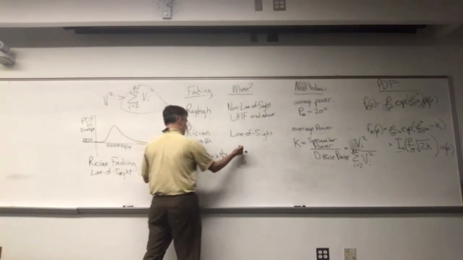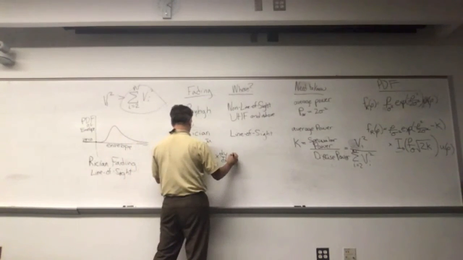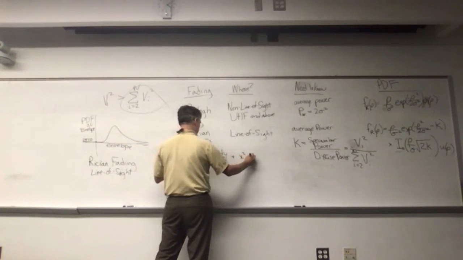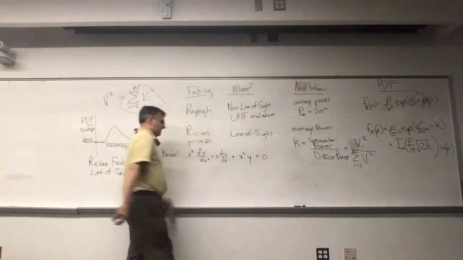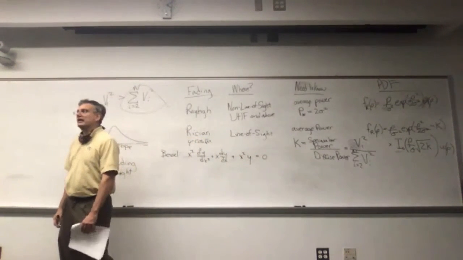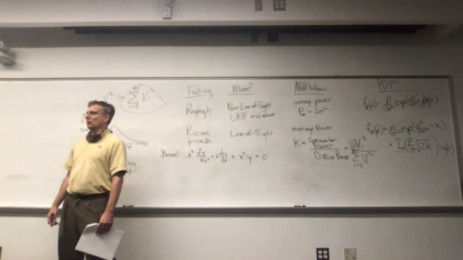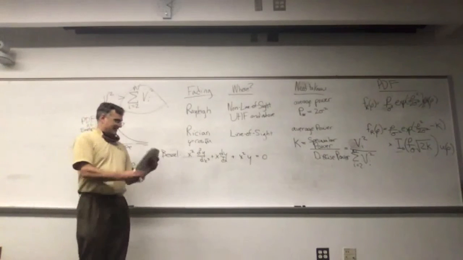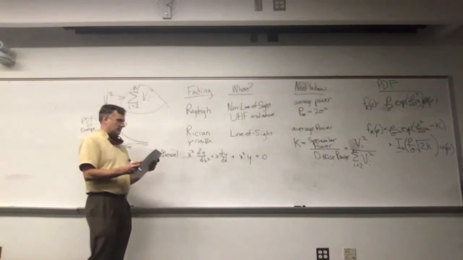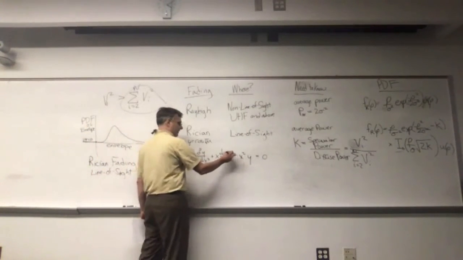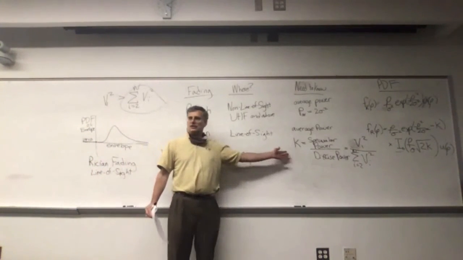So it's a second order differential equation. You see, it's only slightly more complicated than the sine and cosine differential equation. And guess what? If you change the sign here, instead of a J, you get an I.